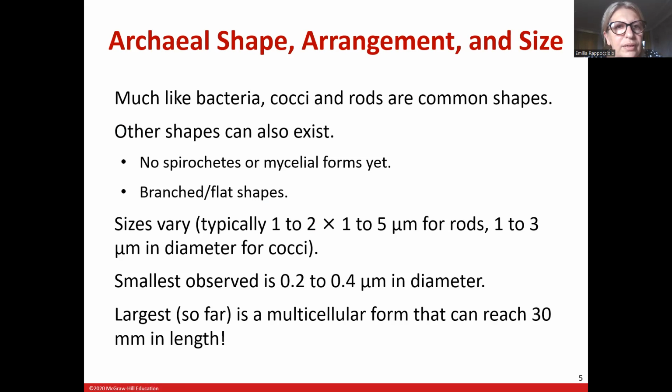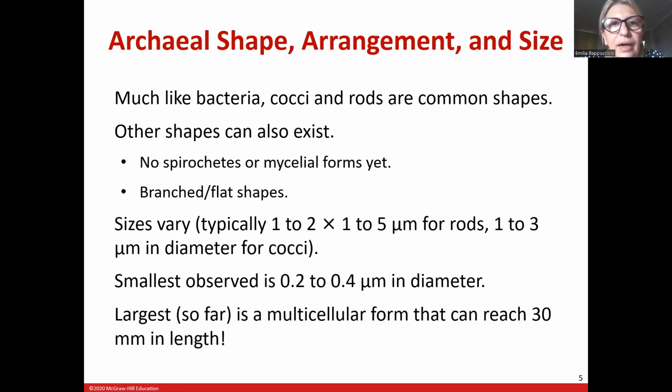Again, the coccus and the rod are the most common shapes. They are the easiest shapes in terms of ratio between volume and surface. But there are other shapes. Actually, the first archaea ever to be identified were isolated in the Sinai Desert, in Egypt.